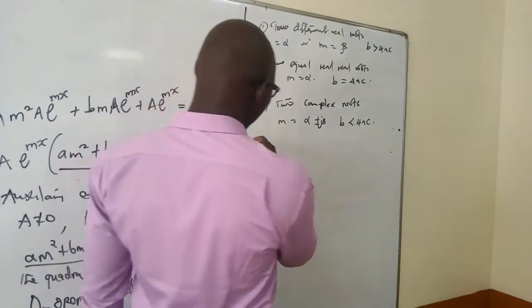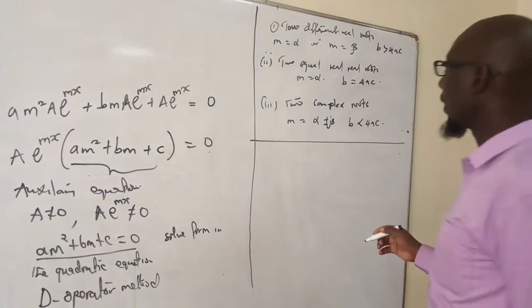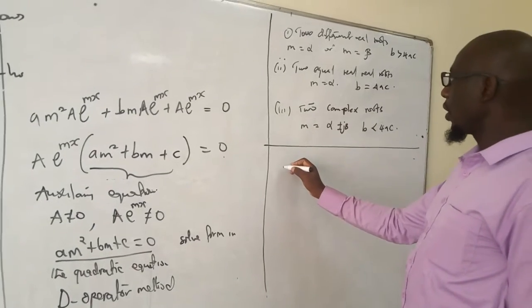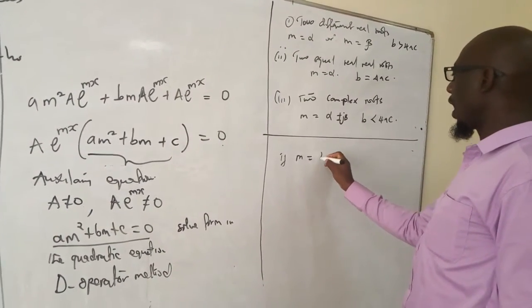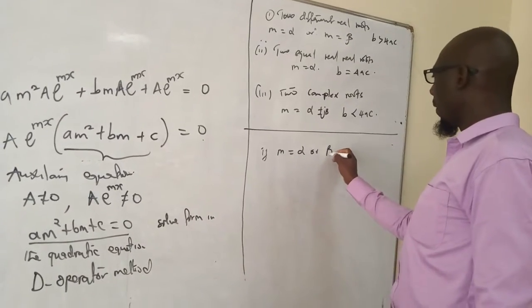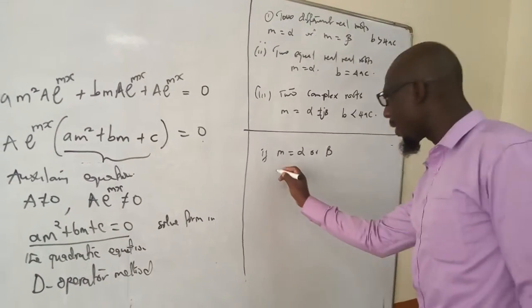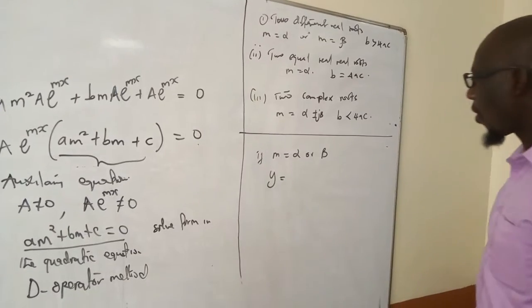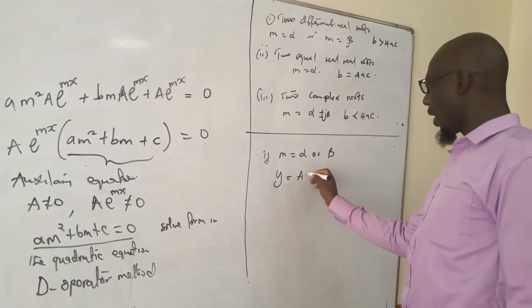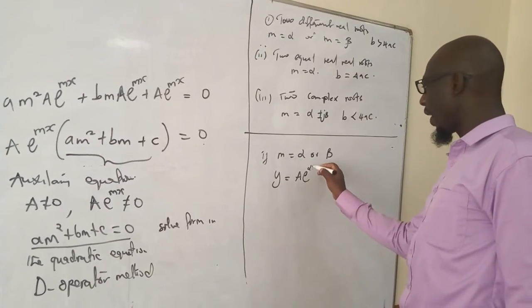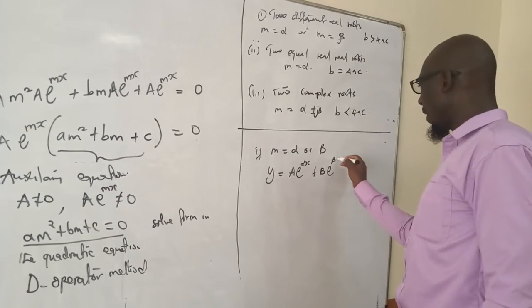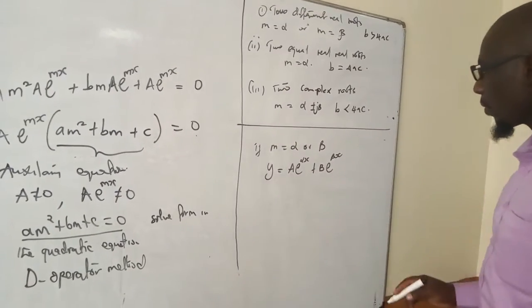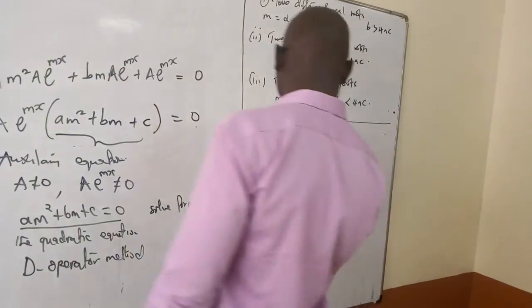And for the real-root case, if m is equal to alpha or beta, the solution of y comes in the form of a exponential of alpha x plus b exponential of beta x. But that is the first case.